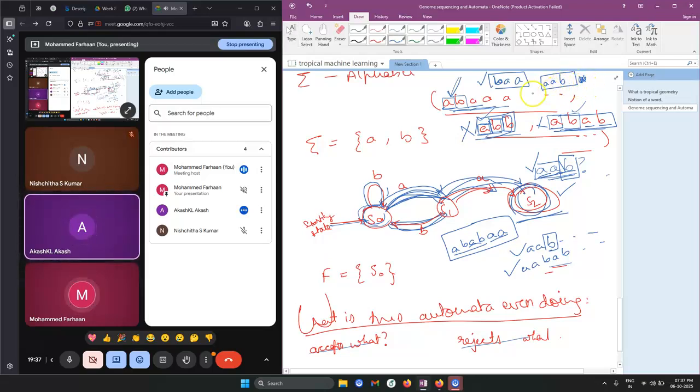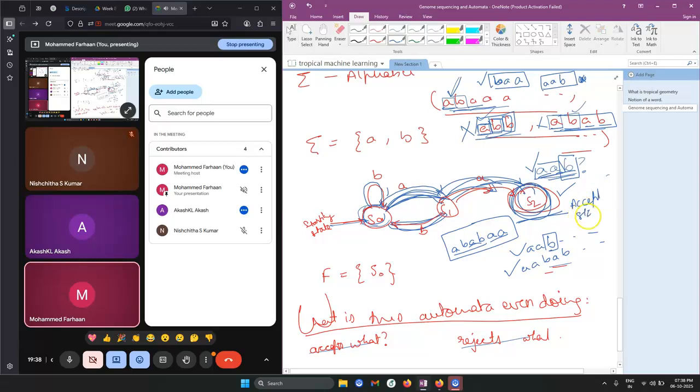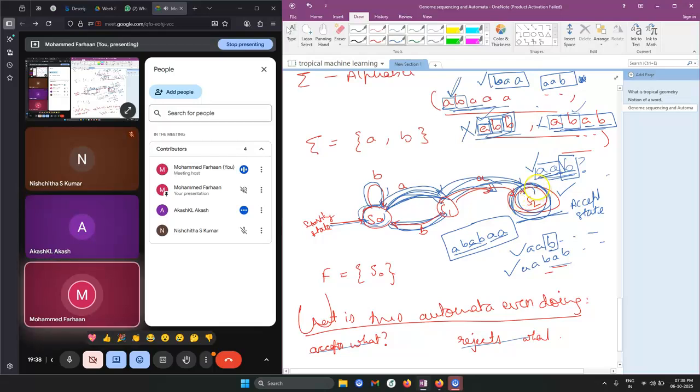Yeah. So the reason is because for a string to be accepted, while reading, it just needs to reach the accept state. So it only matters that it reaches the accept state at all.